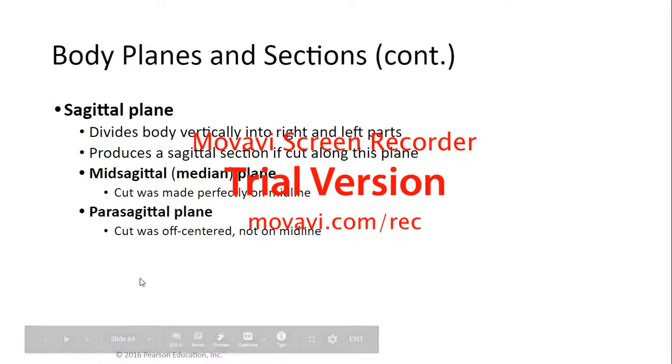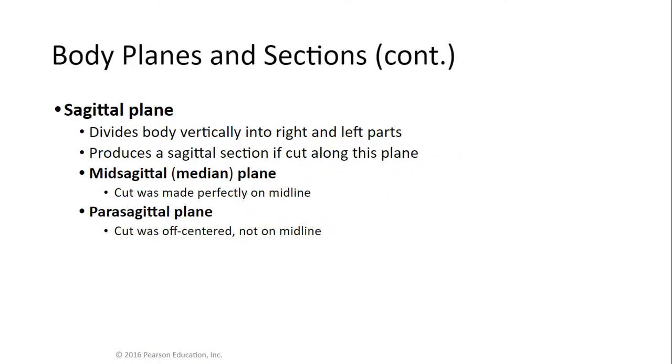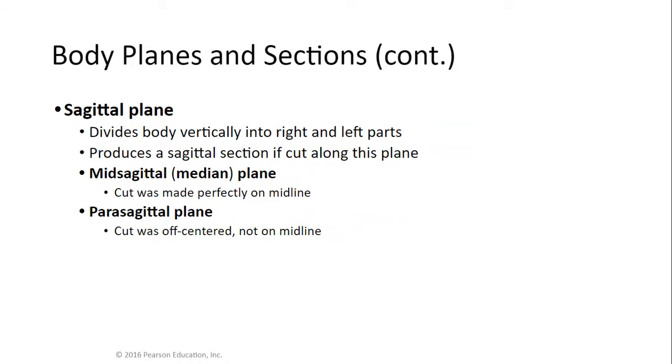For me, it's easy to remember sagittal because I think of midsagittal, where you make a cut perfectly on the midline. A sagittal cut is going to divide the body into right and left parts. You can have parasagittal planes, where you have cuts that are not perfectly centered.